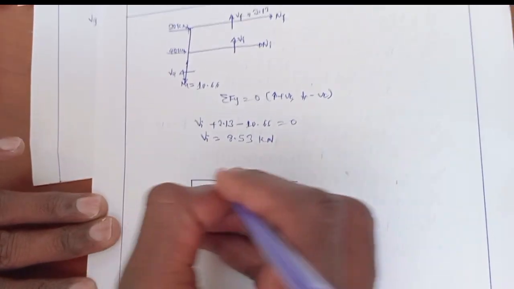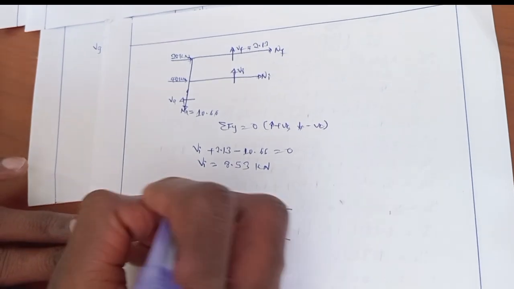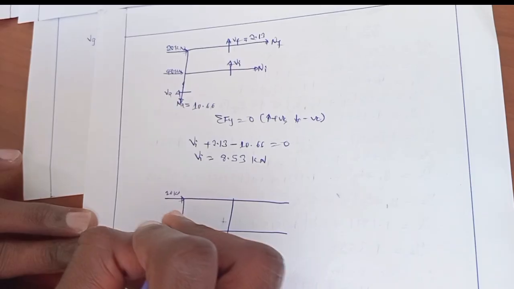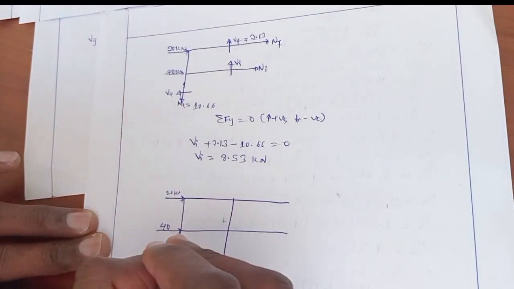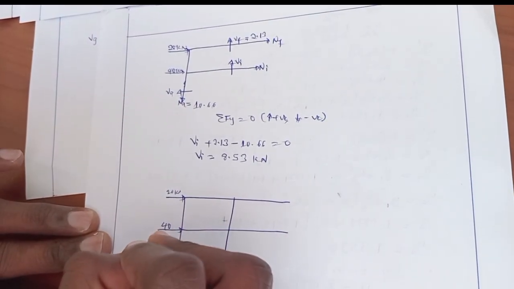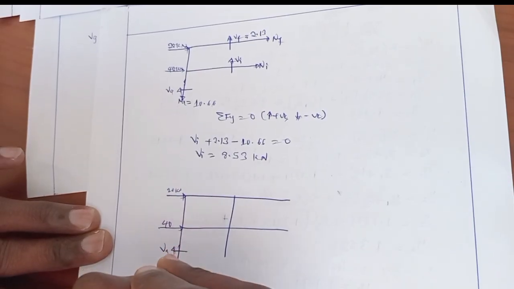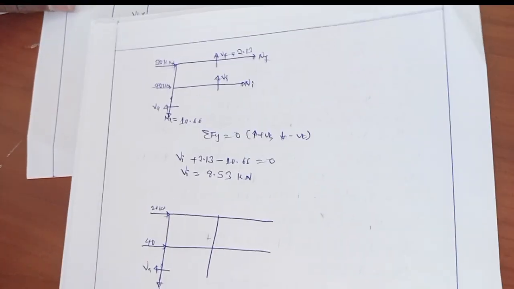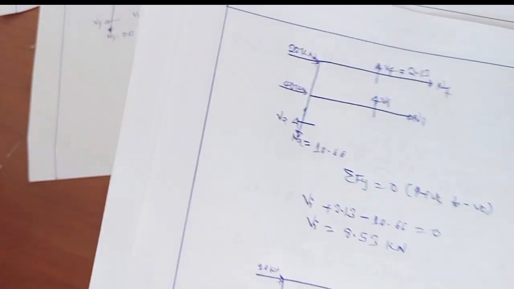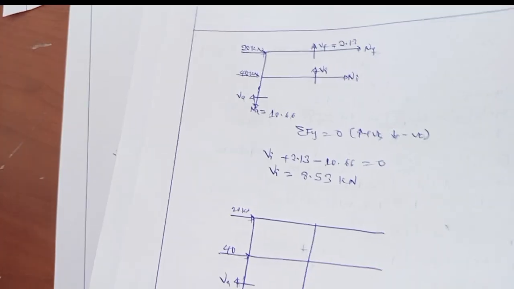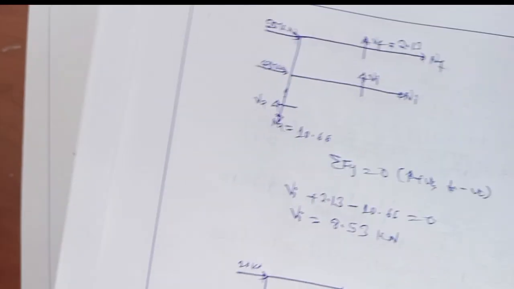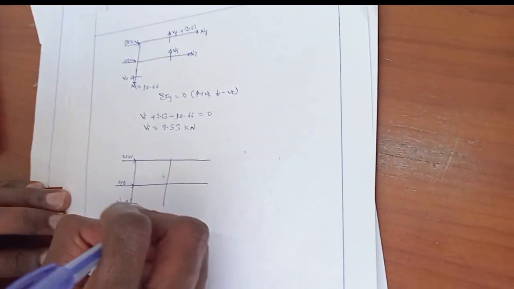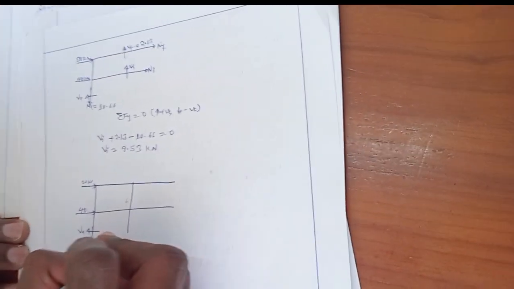Also consider this level. Here was 20 kilonewton, 40. This was VA, NA, and here we choose 10.66.